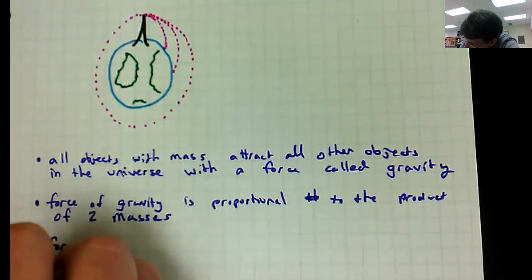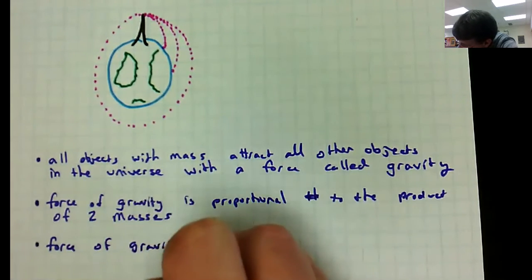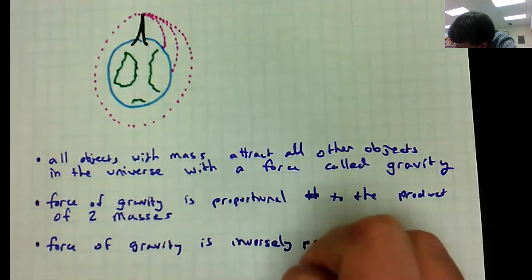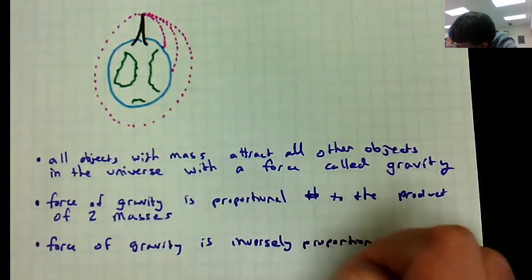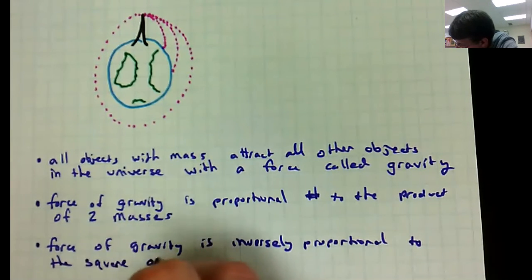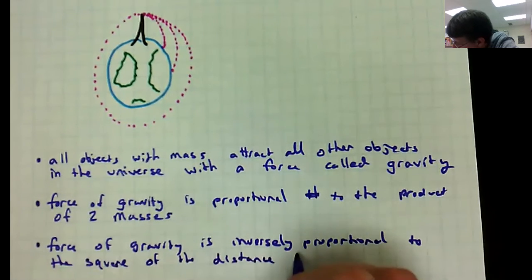And the last part is the force of gravity is inversely proportional to the square of the distance between the objects.